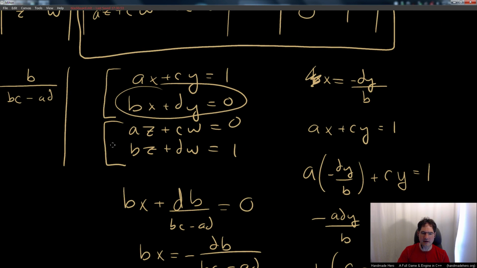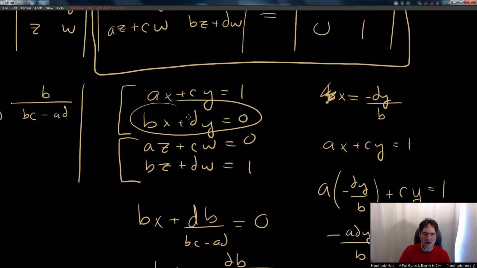All right, so now let's do the exact same thing with these equations. Those of you who are particularly good at math will probably note that we can shortcut this a little bit, because if you look at these, you can see they're essentially the same equations, except the AC terms are the ones that equal 1 here, and the BD terms are the ones that equal 0, whereas in this one, it's the same equations, but the 0 and the 1 are flipped, right?